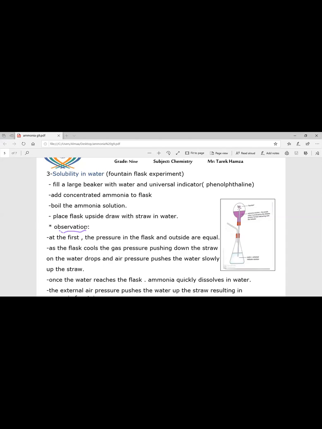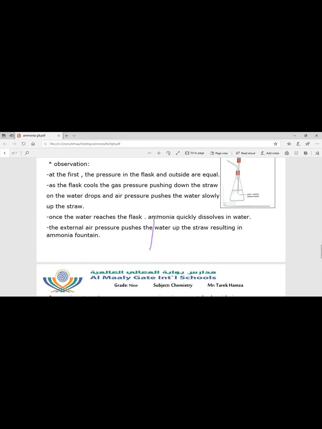At first, the pressure in the flask and outside are equal. As the flask cools, the gas pressure pushes down the straw on the water drop, and the air pressure pushes the water slowly up the straw.